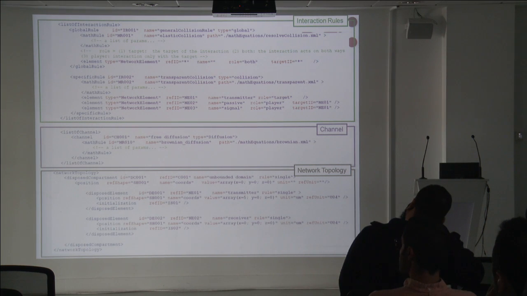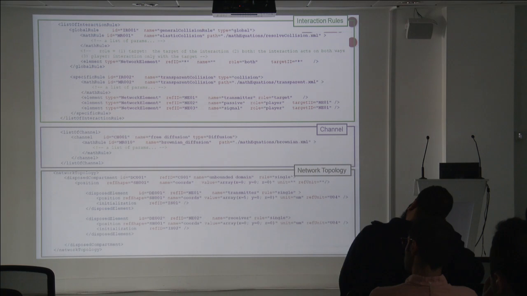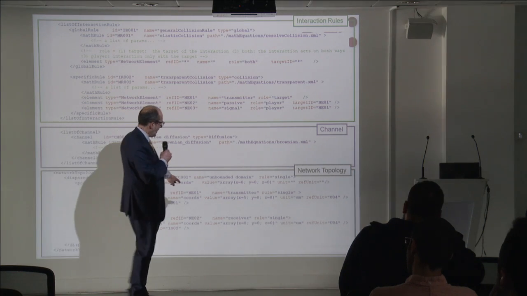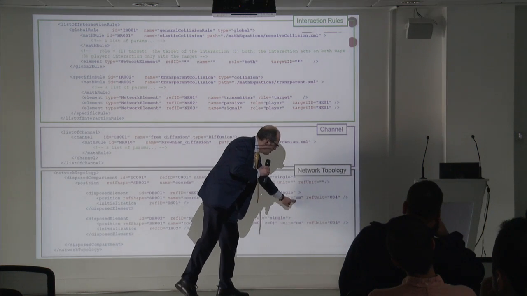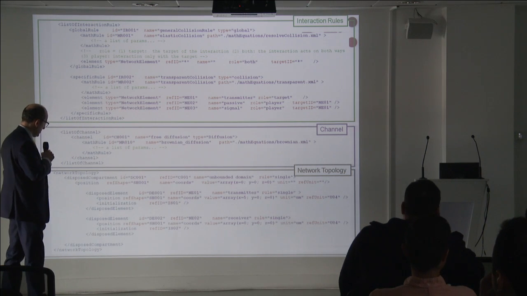Particles propagate in a symmetric manner around the transmitter node. So we have the coordinates and the units of measurement of both elements.